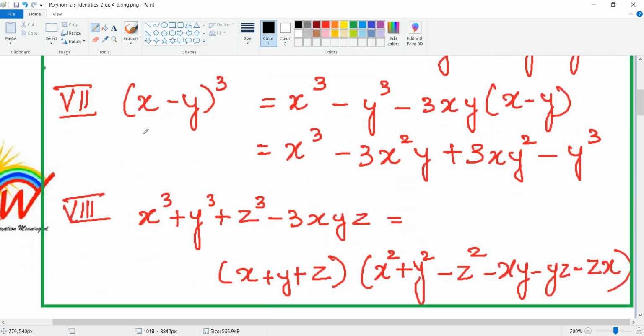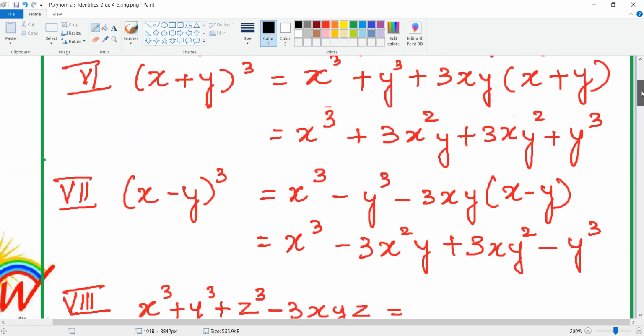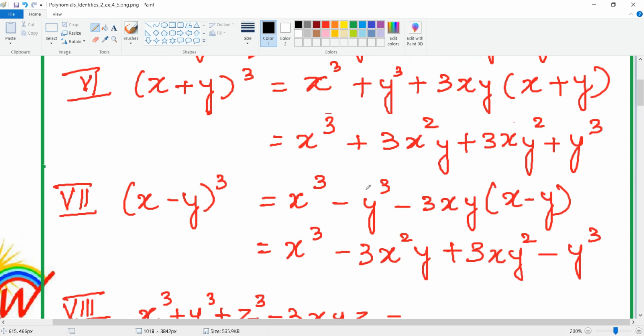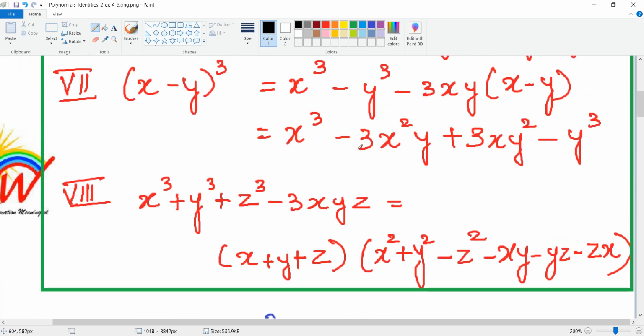Now x minus y the whole cube is similar to the previous formula except for the minus sign. x cube minus y cube minus 3xy times x minus y. So that's going to give you x cube minus 3x square y plus 3xy square minus y cube, okay? So x cube and 3xy square will have a plus sign in front, and 3x square y and y cube will have a minus sign in front, okay?